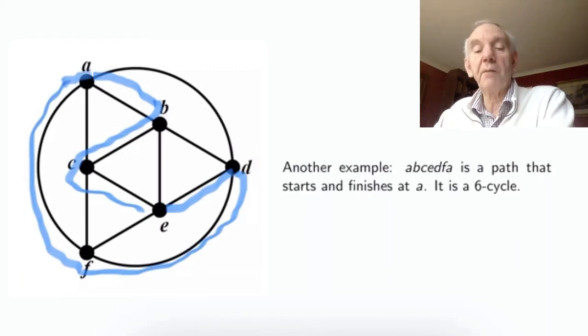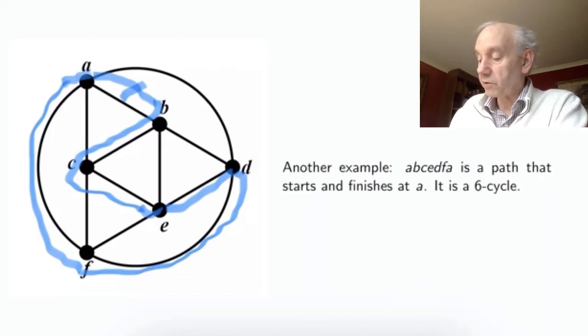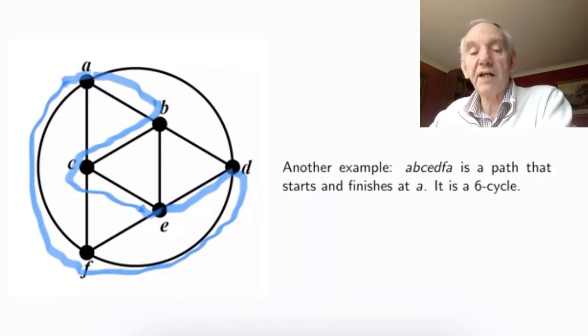I'm just going to close it up and say that is a 6 cycle. It's 6 because it has 6 edges: 1, 2, 3, 4, 5, 6. It has to have 6 edges because it covers all 6 vertices.